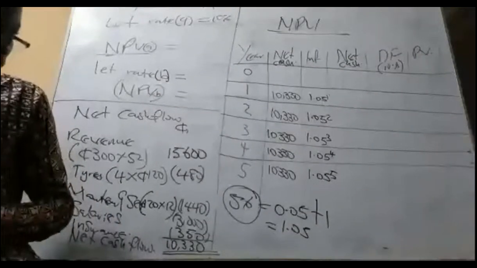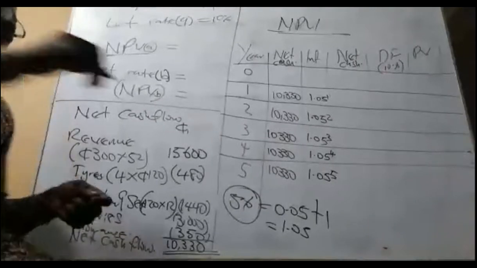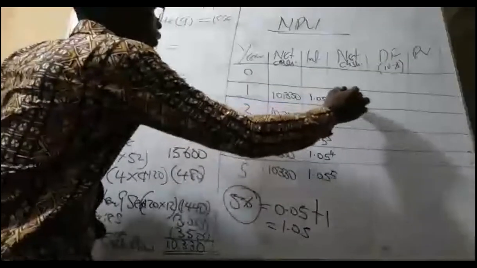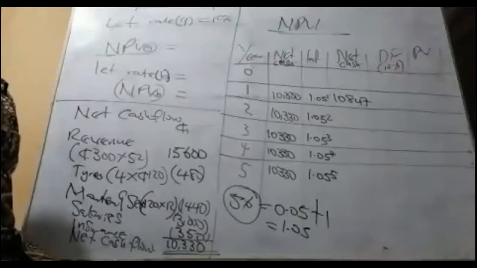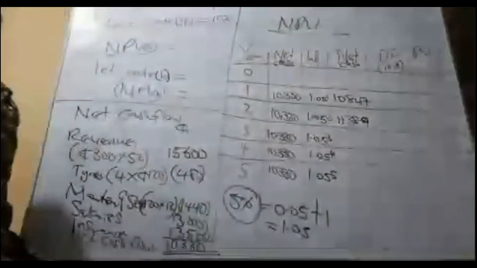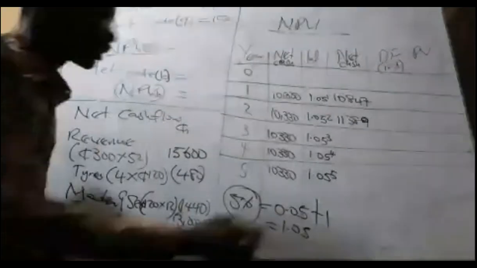So the first one will give us 10,847. Second year will give us 11,389. Make sure I get the same answer as this. The third year will be 11,958.